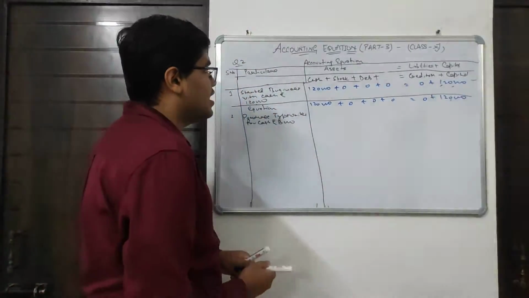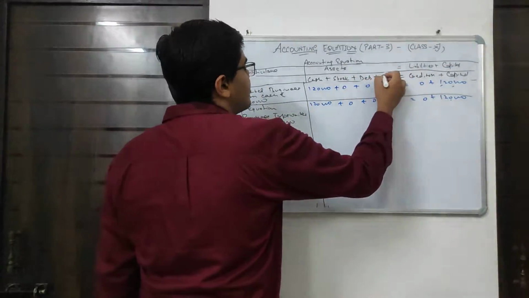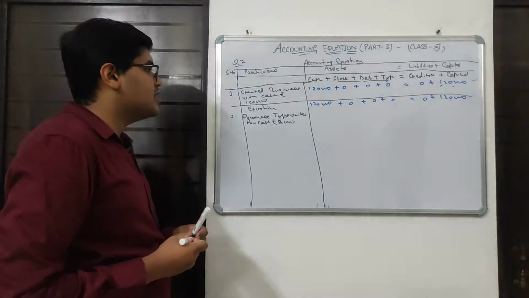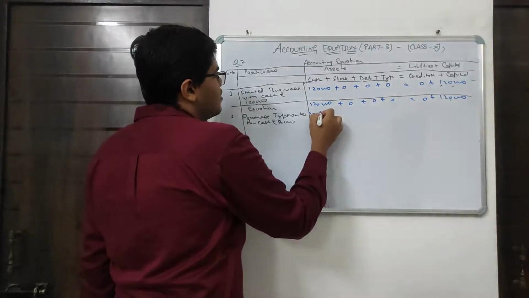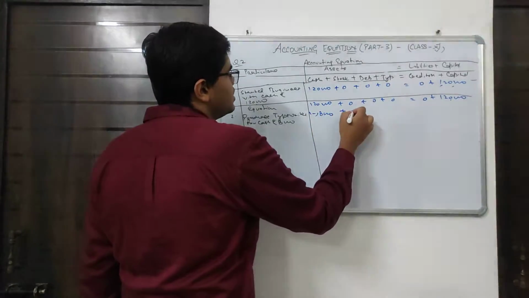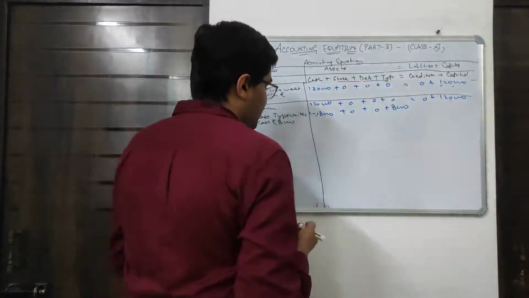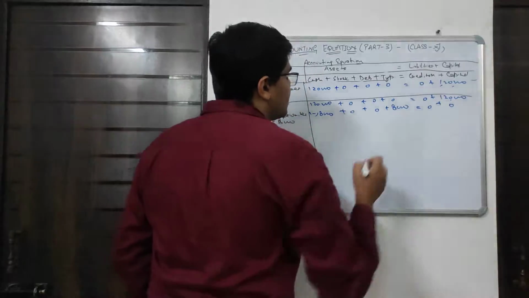Instead of writing furniture, since the furniture is not given in the transaction, we can write the typewriter here. Since we are making the payment through cash, 8,000 will be deducted from cash. No change in stock, no change in debtor, and 8,000 will be added in typewriter. So no change in creditor and no change in capital.